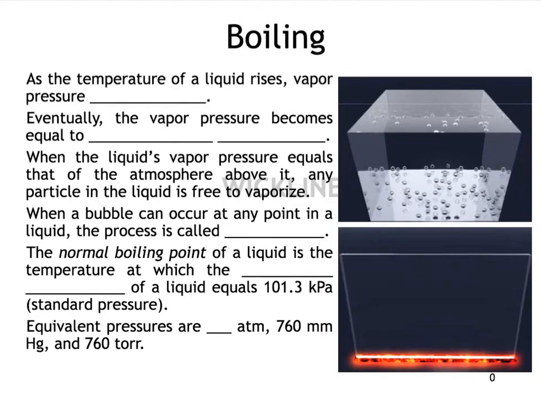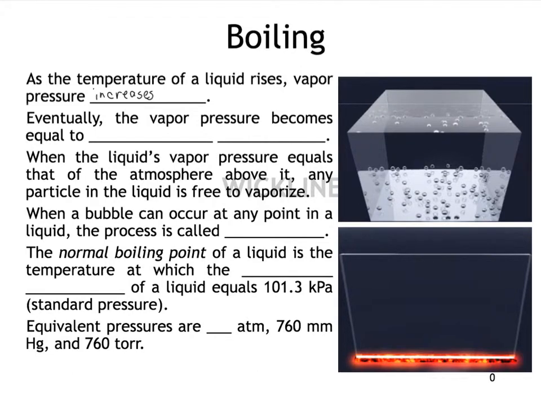So I think what both of those videos showed very well is that boiling is really what happens when you can form a gaseous bubble at any point in the liquid area. So that's the definition of boiling. But as the temperature of a liquid rises, this is all cause and effect right here, vapor pressure increases.